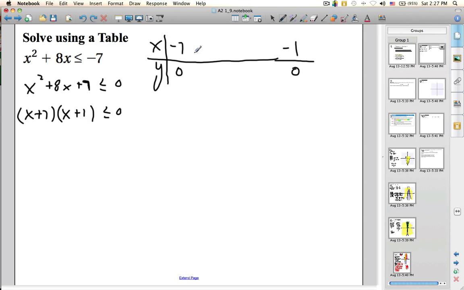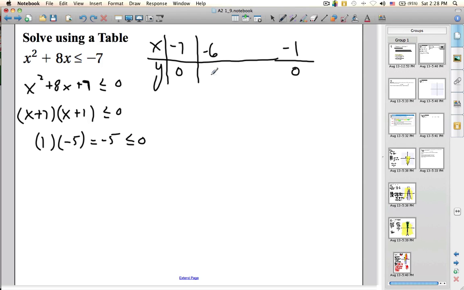Okay, so let's check some other values. So when I take, say, -6, what will I get? I can plug it into either one. I might as well plug it into here. -6 plus 7 is 1, and -6 plus 1 is -5. So this would be -5, which is less than or equal to 0.